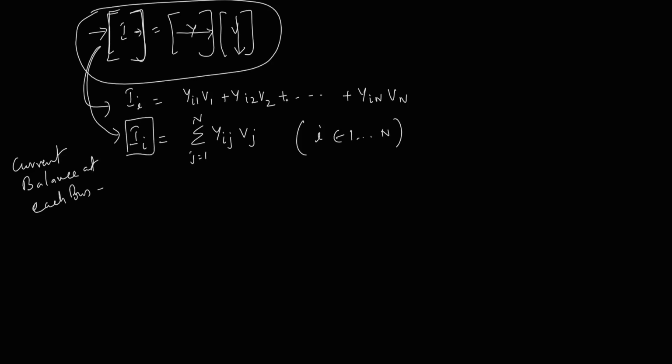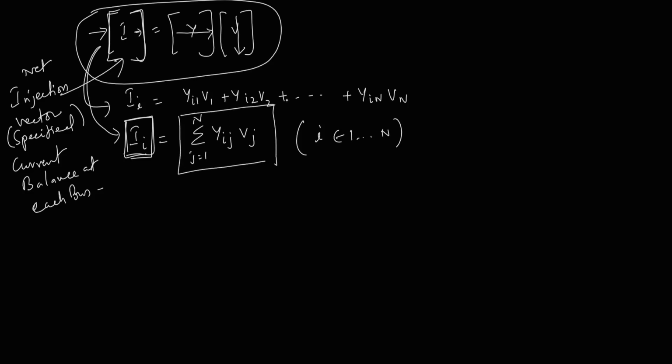This is the injection vector, the net injection vector, which is actually the specified quantities. So what I am looking at is the specified quantity, and I am trying to calculate the corresponding injection values for a given voltage.